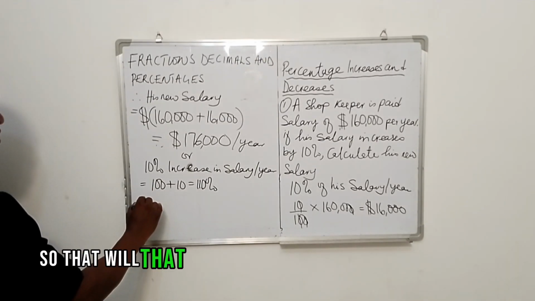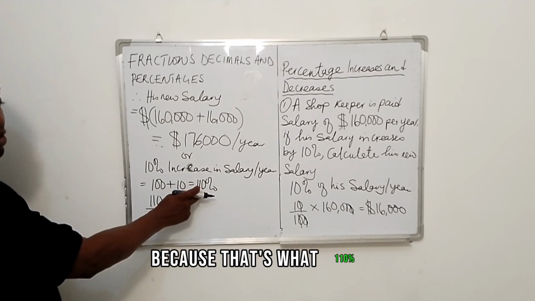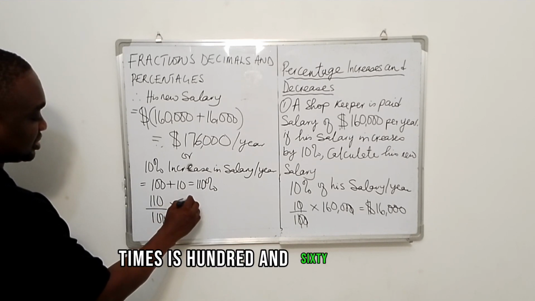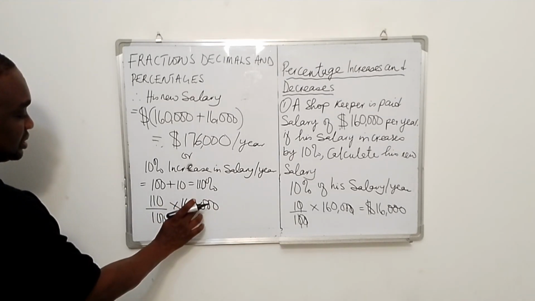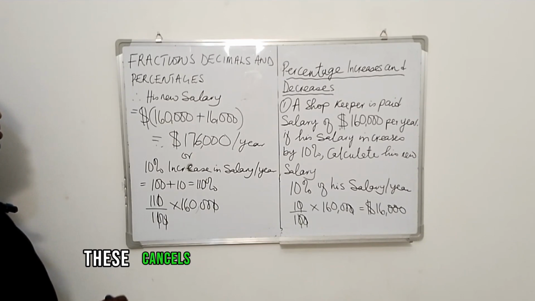So that will mean 110 over 100, because that's what 110% is, times his 160,000, which he was getting. So this cancels, this cancels, this cancels, this cancels.